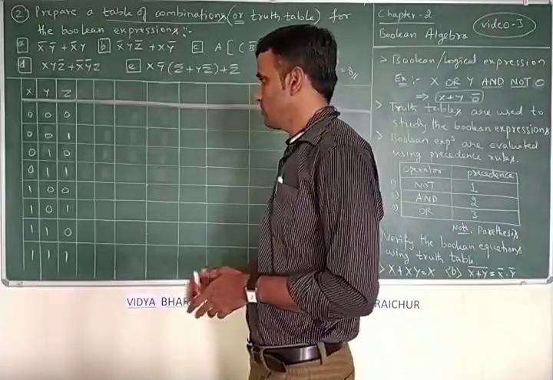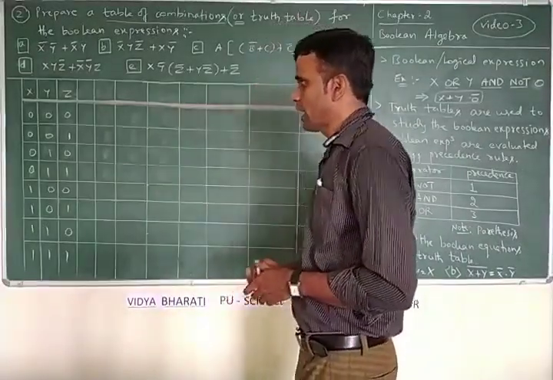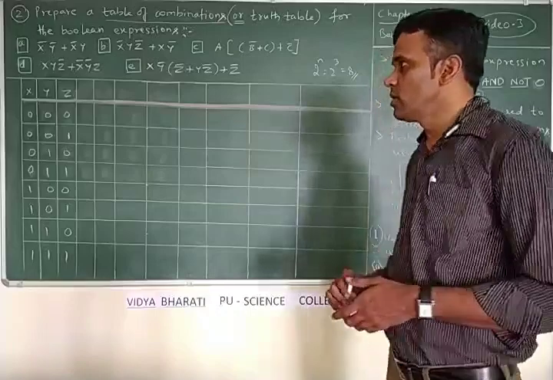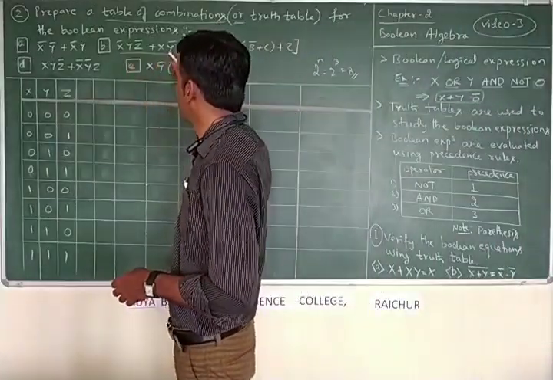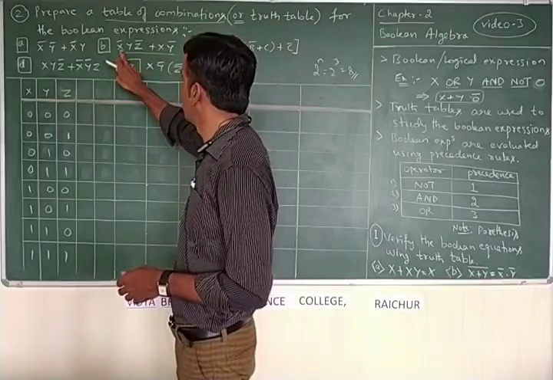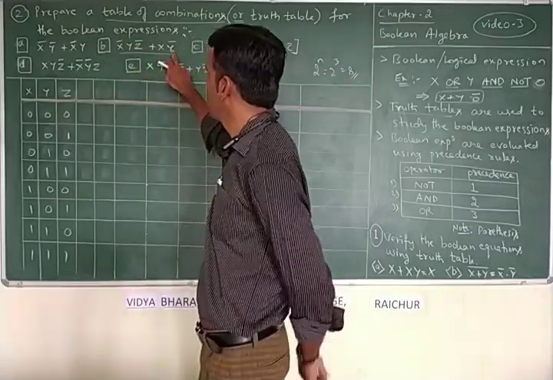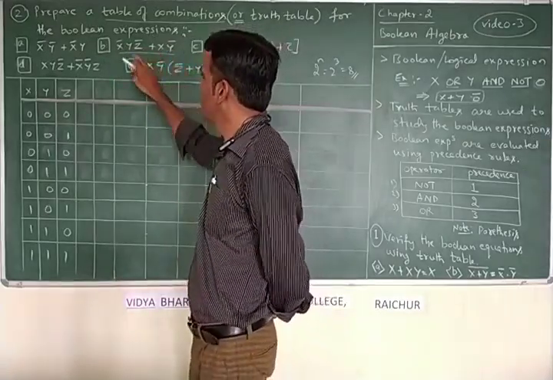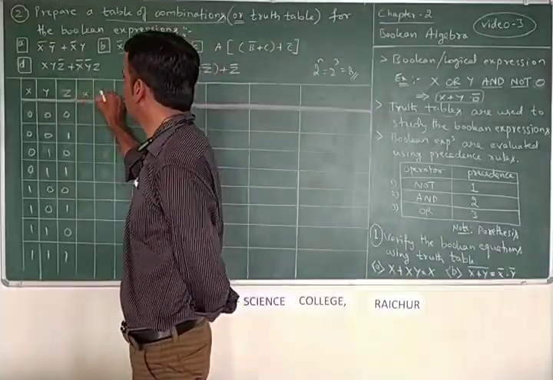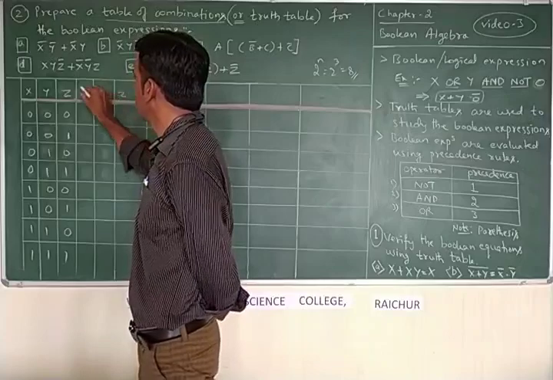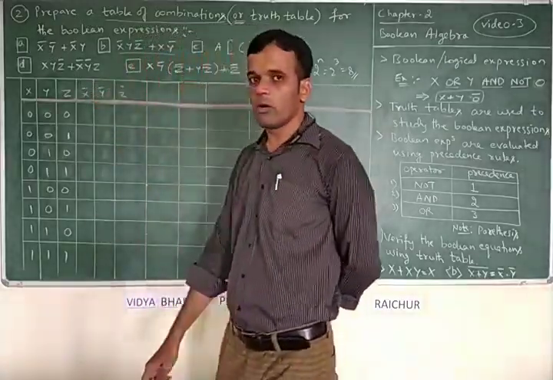Okay, after having those x, y, z values, now again observe the question. In this question, we need x bar, y bar, and z bar. Okay, so x, y, and z are complementary.